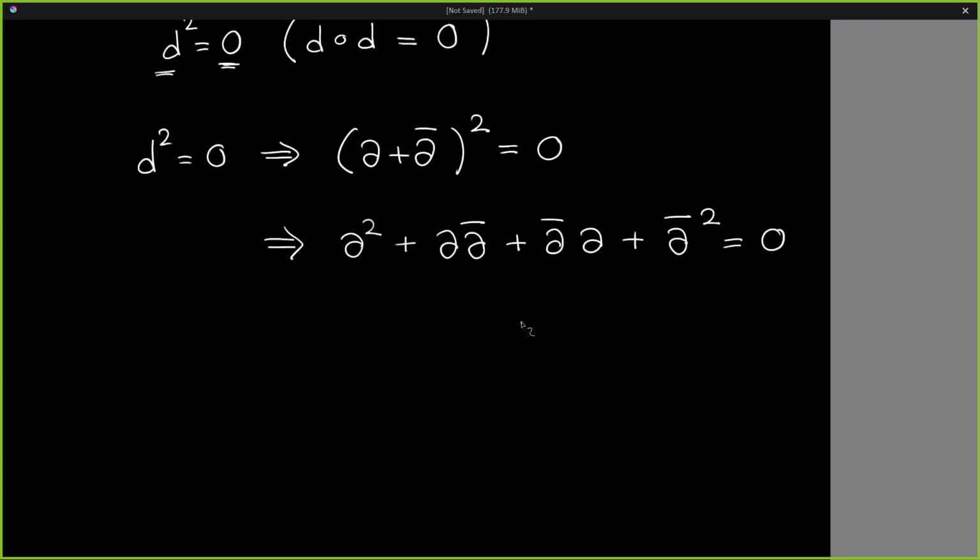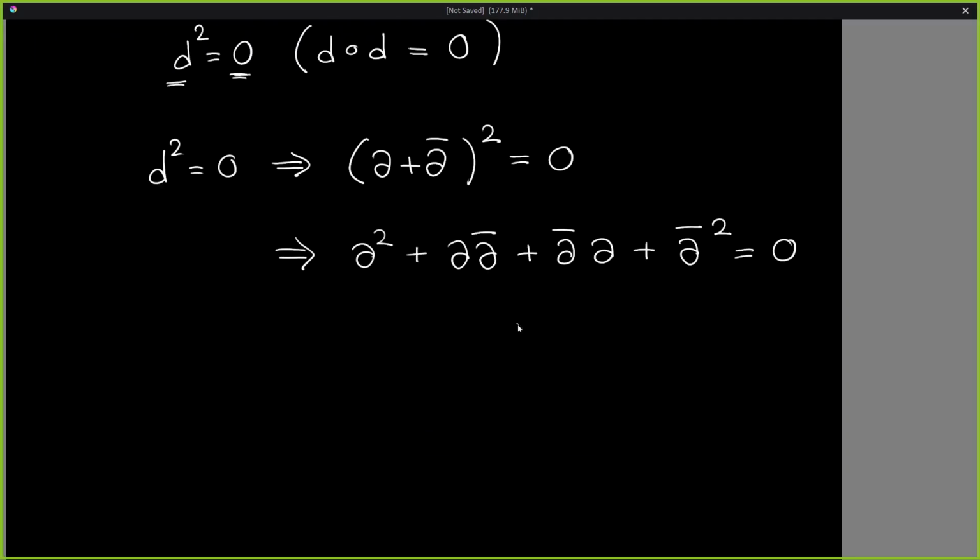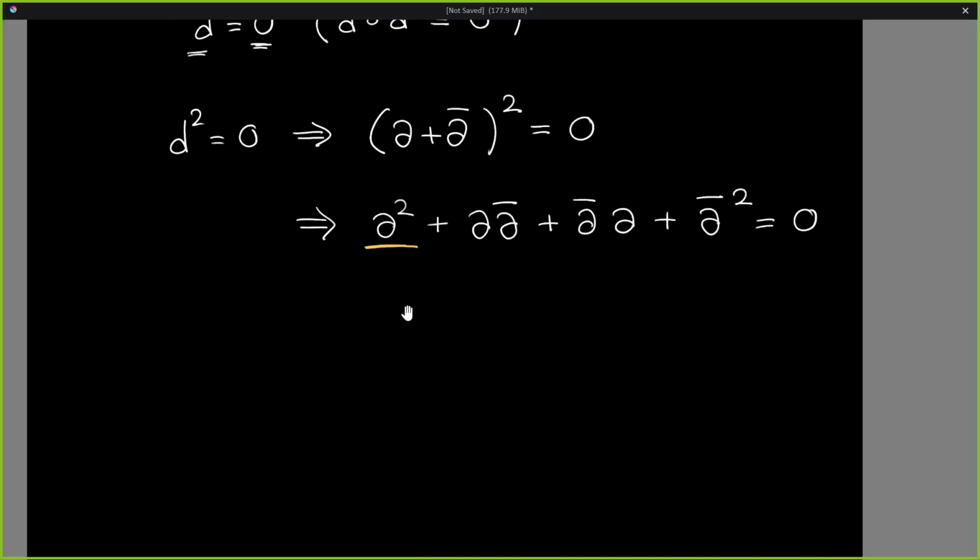But notice that these are all operators that act on different spaces. This one sends everything to omega p plus 2 q, right? Two applications of partial.